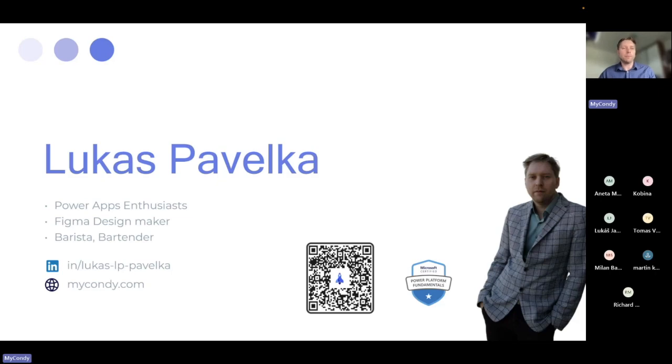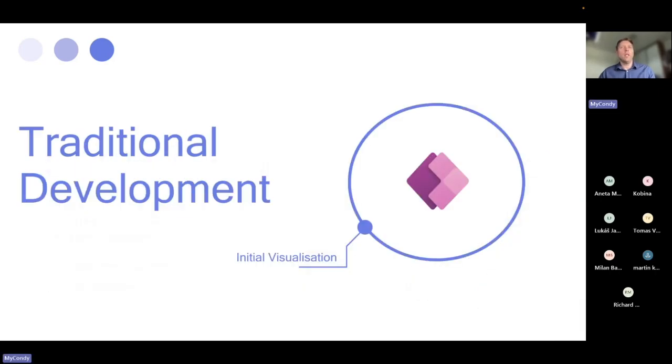So as you know, Power Apps from Microsoft can help you to create desktop or mobile applications and automations for your processes. In the traditional development, you use Power Apps, Canvas or model-driven, where you just create a first visualization for the customer.